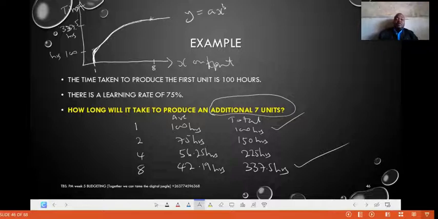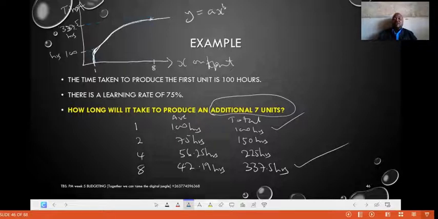So far what we know is that 1 unit took 100 hours, and then 8 units took 337.5 hours. That's what we know. But we are required to determine the time that 7 additional units would take.